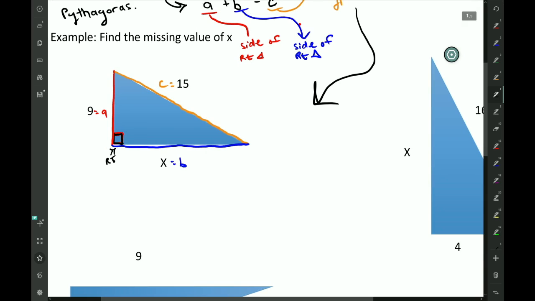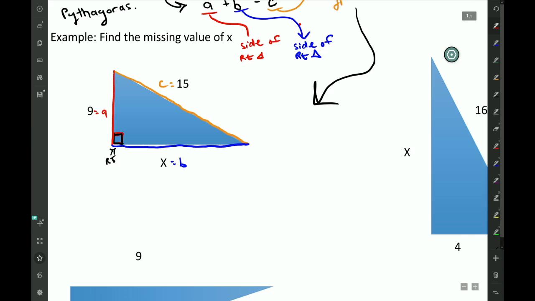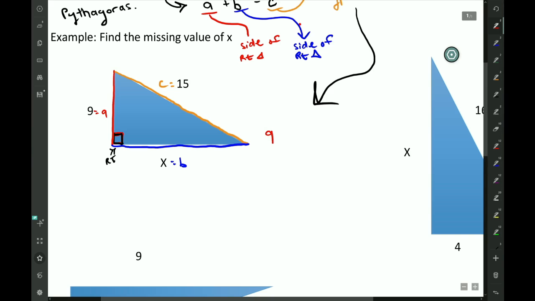So what we have is a squared, which is 9, so 9 squared, plus b squared, which we don't know yet, B squared or x, sorry. You can either have b or x squared equals c squared. And c, again, is 15.